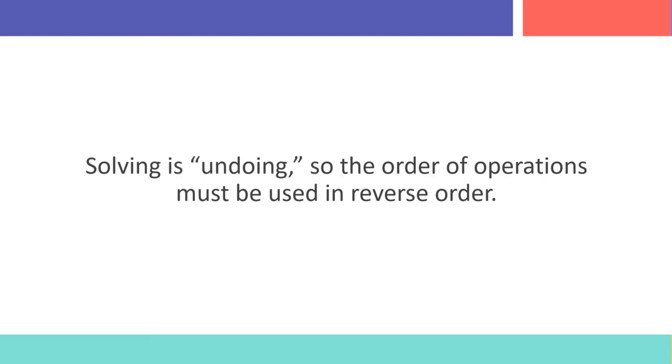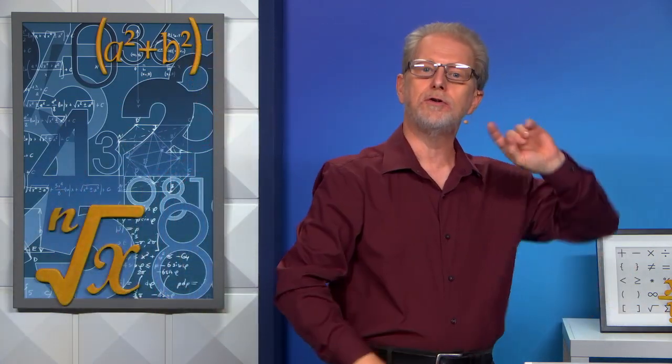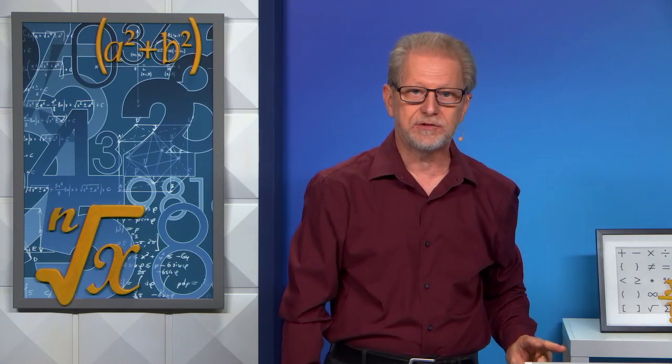How many times have I said that in this lesson? So the order of operations must be used in the reverse order when you are solving equations. The order of operation order is when you have numerical expressions. But when you're solving, you're going to do it in the reverse order with the last two steps.